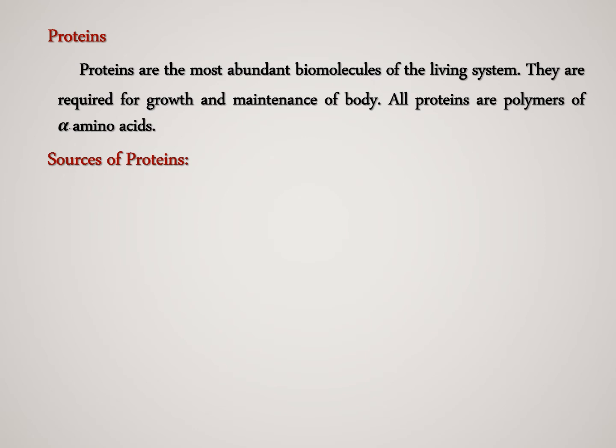What you understand by the polymers of alpha amino acids is going to be studied in the next part of the video. But before that, we would like to understand what the sources are from which you get proteins.